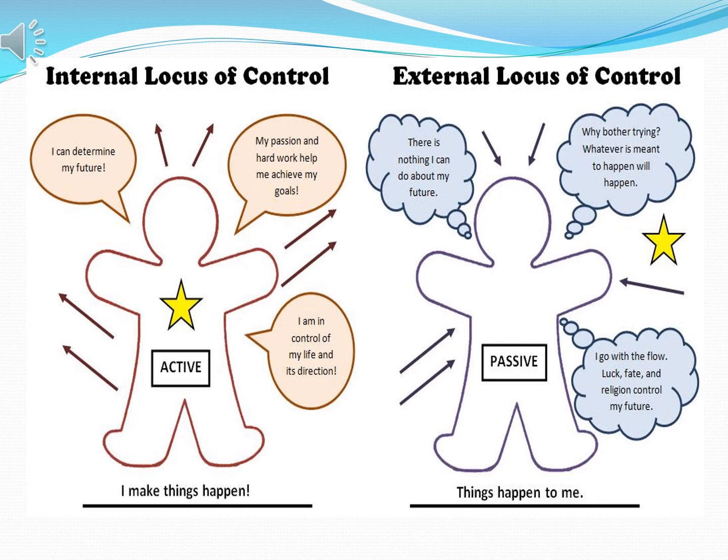So I go with the flow. Sometimes we think like that: I will go with the flow. Luck, fate and religion control my future. So all our control depends on luck and fate and society and other things. I hope you understand the difference between internal locus of control and external locus of control.